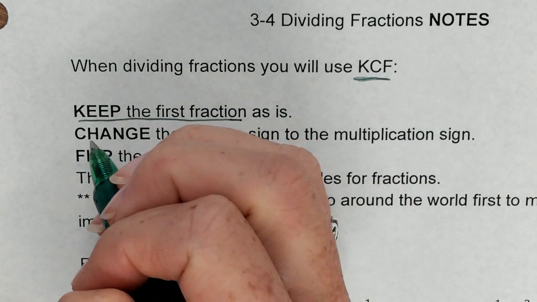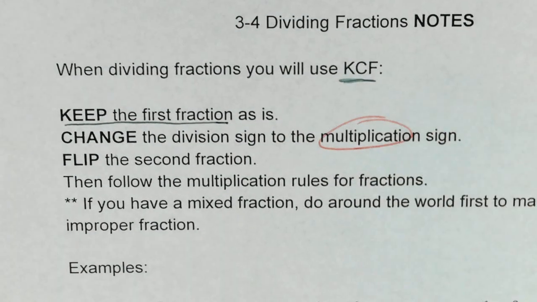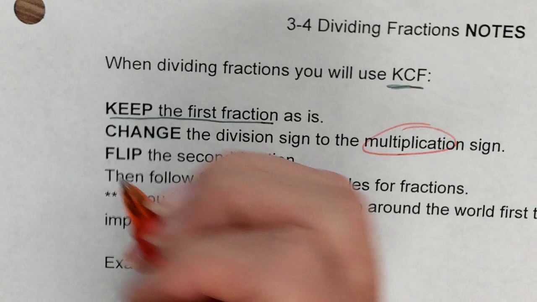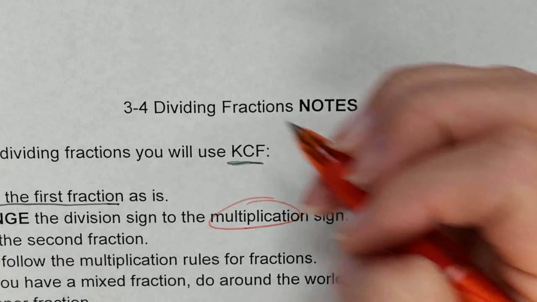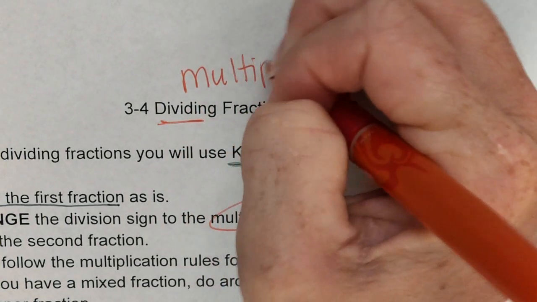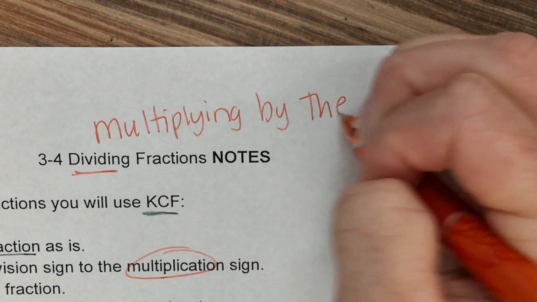You're going to change the division sign to a multiplication sign because we don't divide fractions. We multiply by their reciprocal, which just means to take your second fraction and flip it. So again, right at the top, when you're dividing fractions, you're actually multiplying, write this down, by the reciprocal.